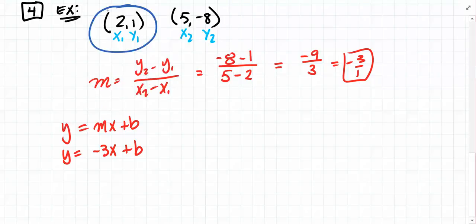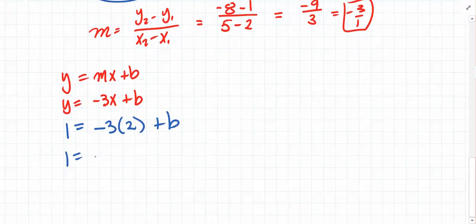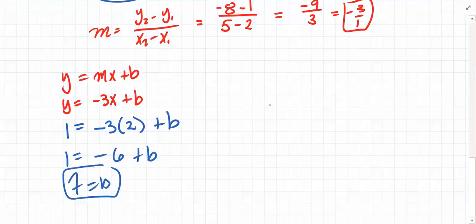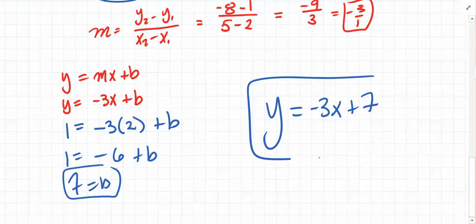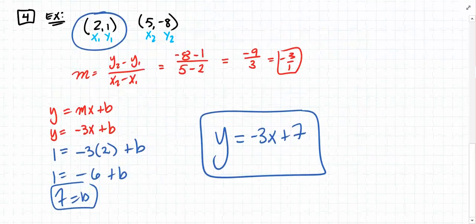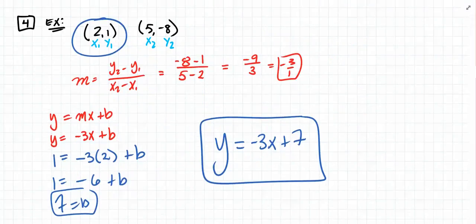So if we're going to use 2 and 1, we're going to say this. 1 is equal to negative 3 times 2 plus b. So therefore, 1 is equal to negative 6 plus b. I'm going to add 6 to both sides, so 7 is b. Therefore, when I'm all said and done, I get y is equal to my original slope, which was negative 3x plus 7. So if I have done this correctly, negative 3x plus 7 should have the points 2, 1 and 5, negative 8 passing through them.